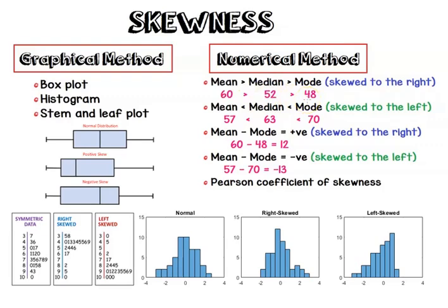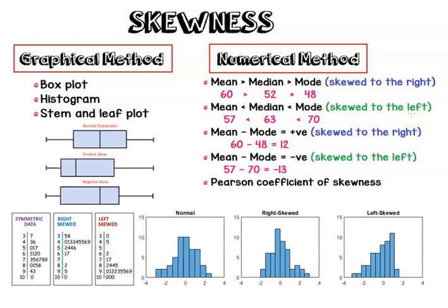However, if mean is less than median and less than mode, for example here, 57 is less than 63 and 63 is also less than 70, we can conclude that the distribution is skewed to the left.